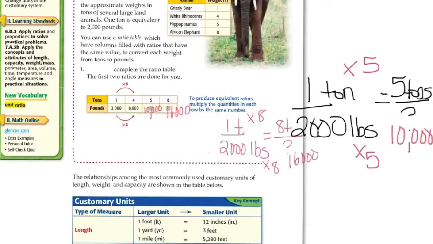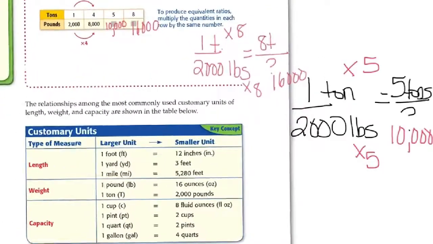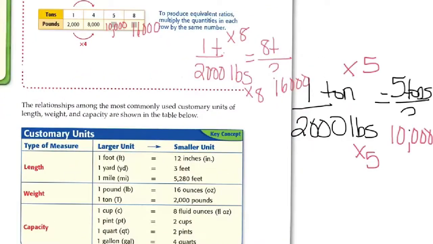Okay, the relationship among the most commonly used customary units of length, weight, and capacity are shown in the table below. This table, let me just kind of scroll here so you can see, this is really important. You probably want to copy and paste this or take a picture of it and store this in your GoodNotes so that you can remember it for problems, okay?